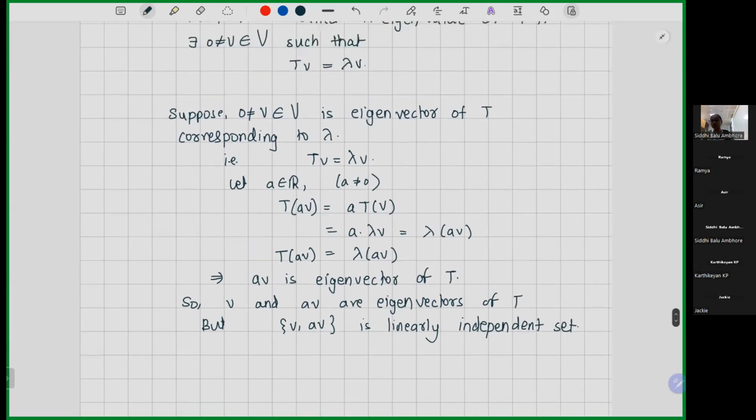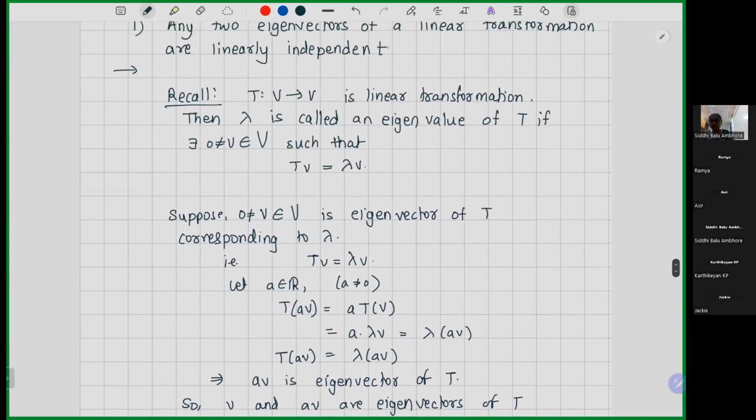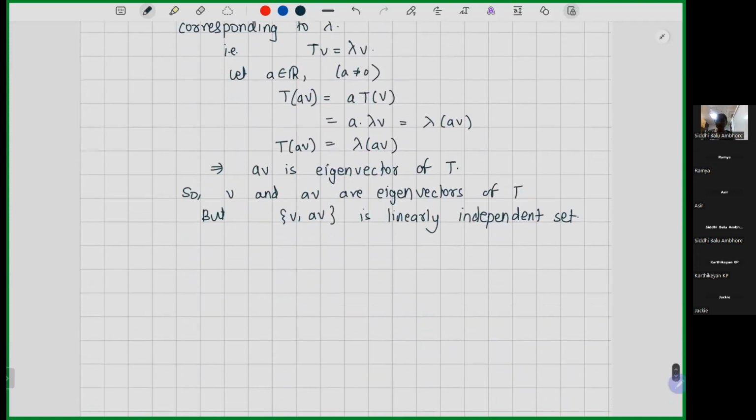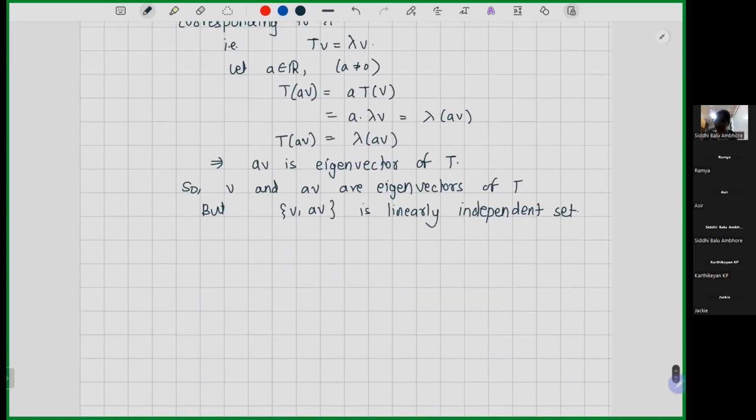If v is an eigenvector, then any multiple of v will again be an eigenvector.